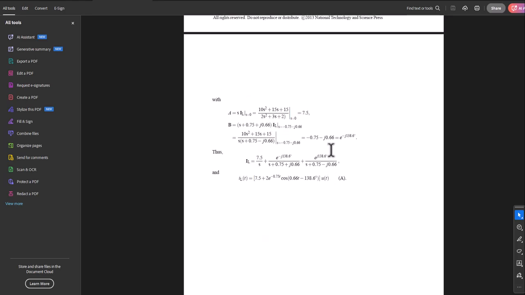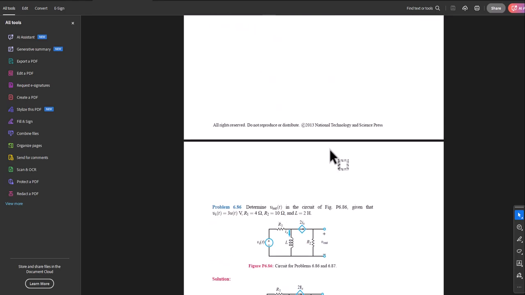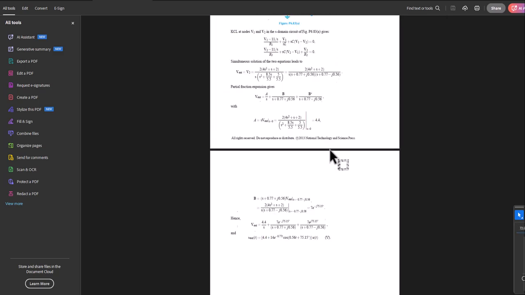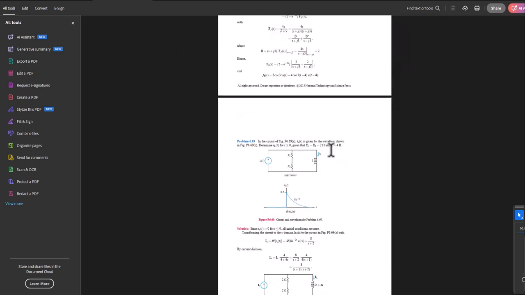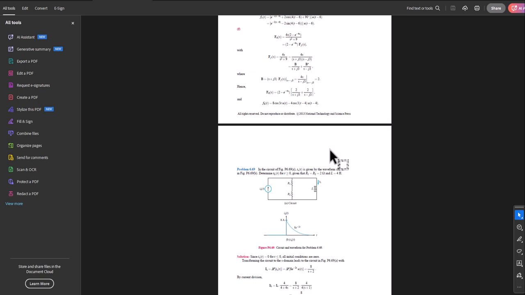Very similar. All of the ones in this book are so hard.